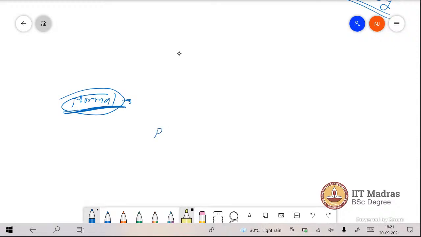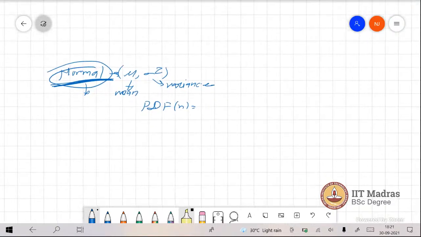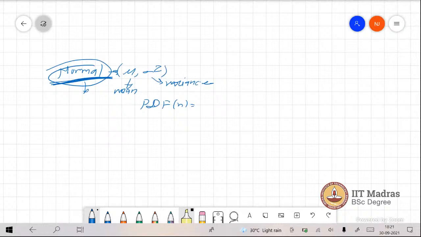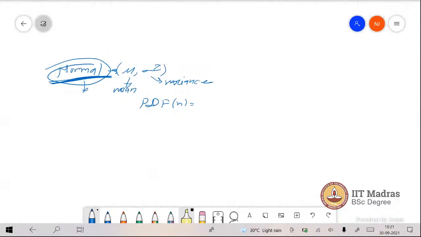The PDF of a normal distribution is f of x. The normal distribution has two parameters, mu and sigma square. It is actually the mean, the expected value, and this is the variance. The support of x is minus infinity to infinity.